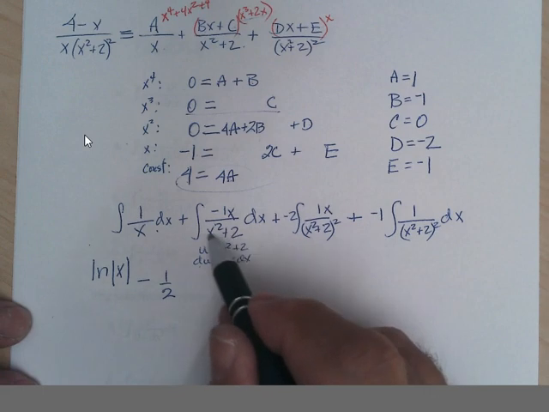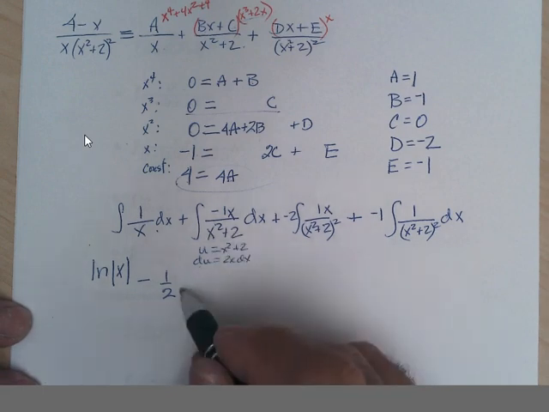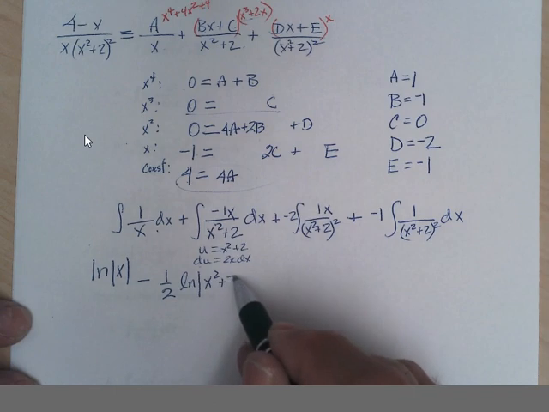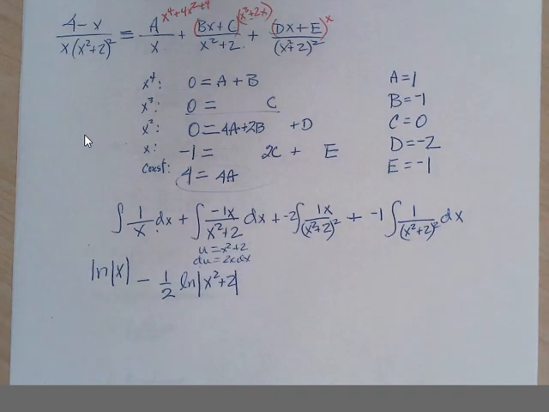And this would be u down here, so it would be ln u, which is x squared plus 2. I'm doing a lot in my head. Take your time to go completely through the u substitution if you're not getting that.